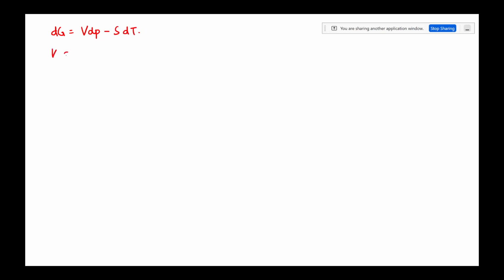So V is del G del P at constant T, because if T is constant, this term is 0. So V will be del G del P at constant T. Now we will write in terms of this. So F is G minus P del G del P at T.